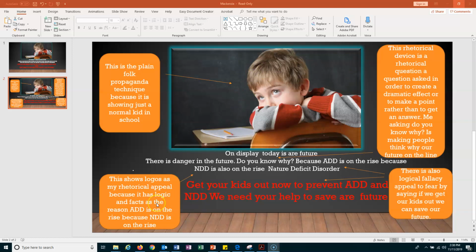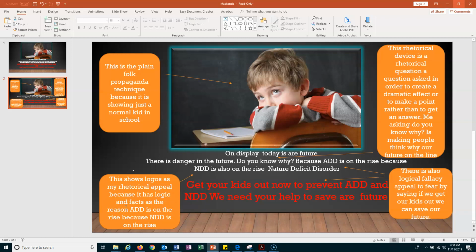Okay, so obviously they're showing you what their different 4 techniques are that they use. So logos, that rhetorical appeal was one of the first things that you should use. So basically, they're using logos because it appeals to logic. It has facts and reason.